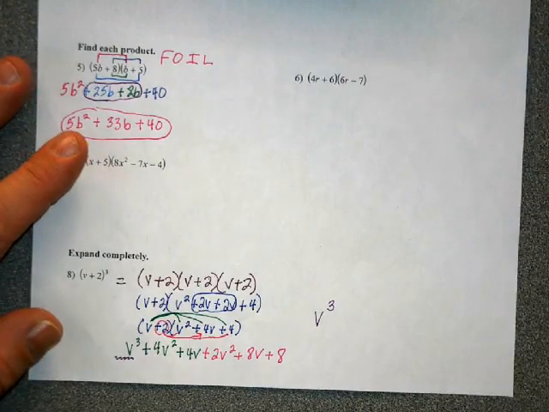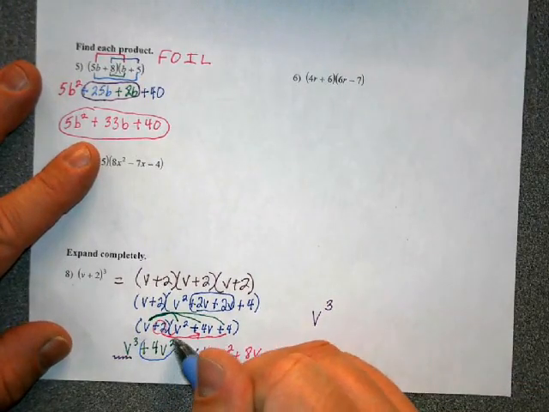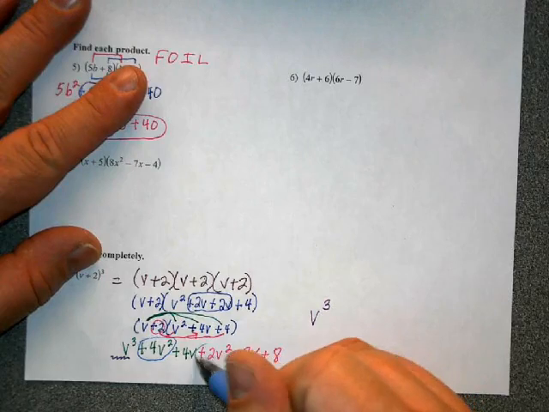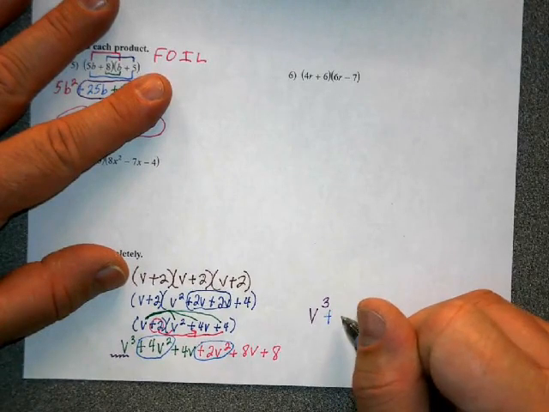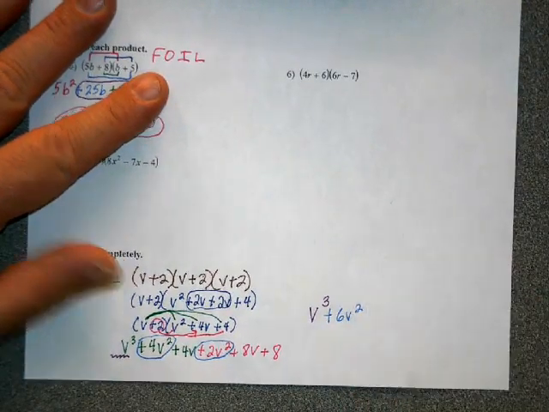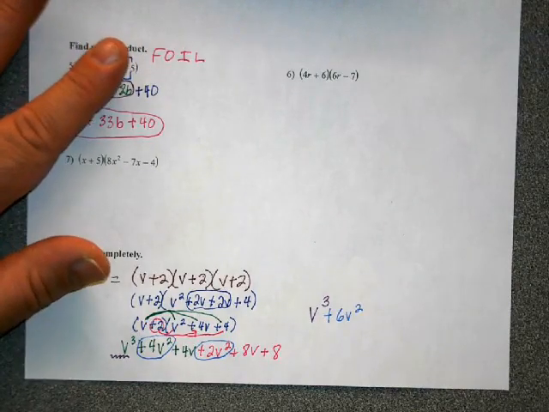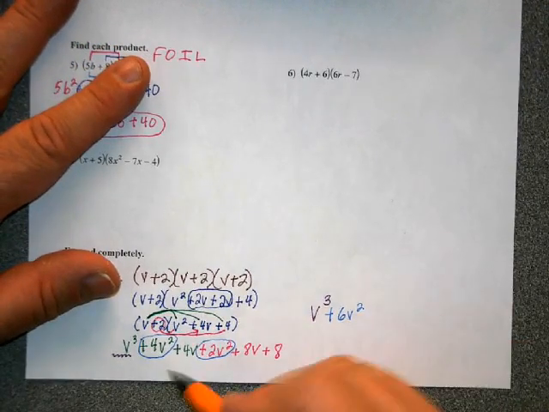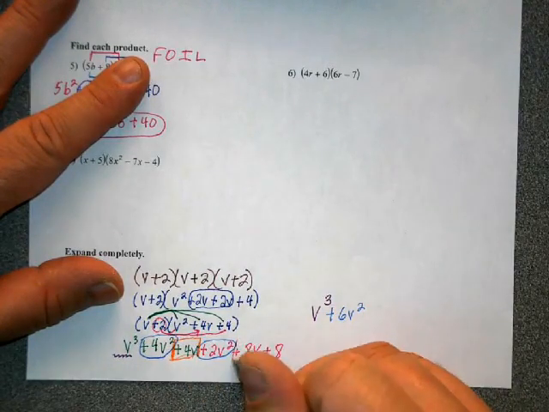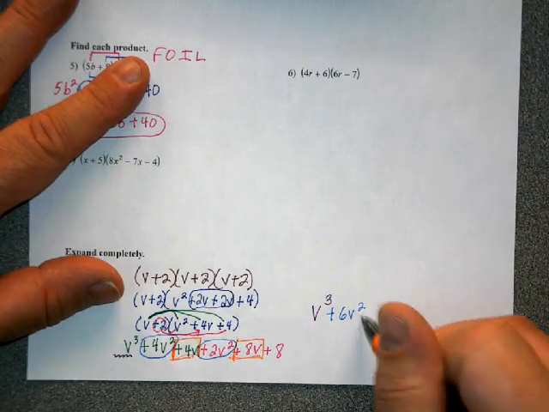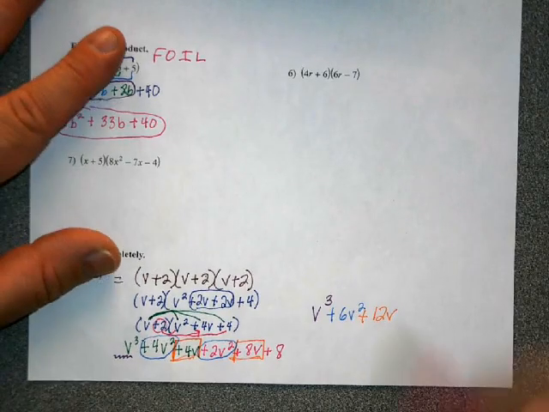Our squared terms, let's see, I have a plus 4v squared and a plus 2v squared, gives me a plus 6v squared. 4v plus 8v is plus 12v, right? And then lastly is our plus 8.